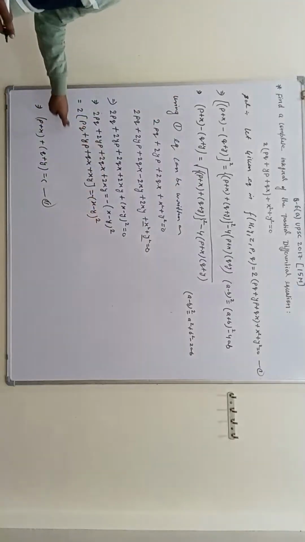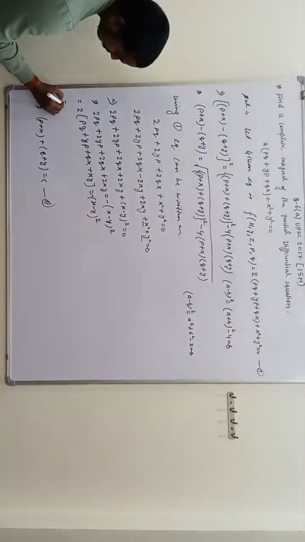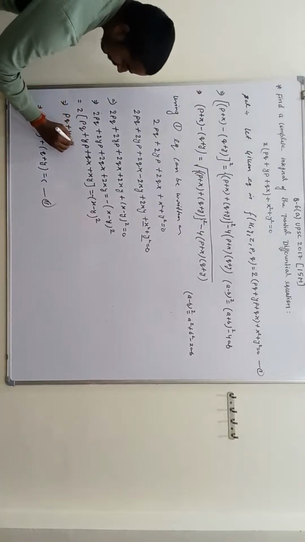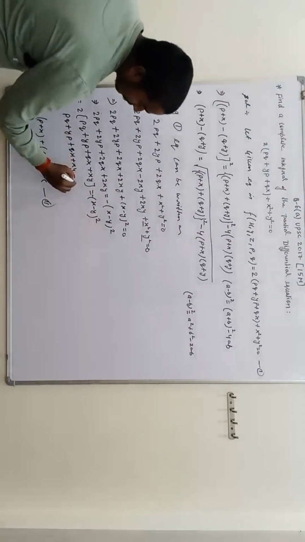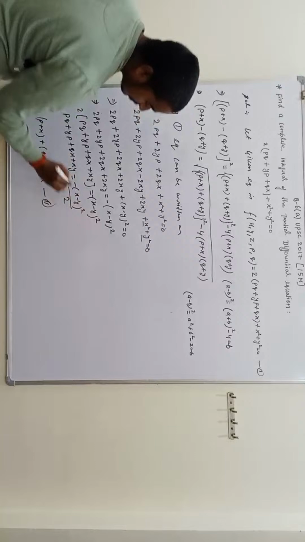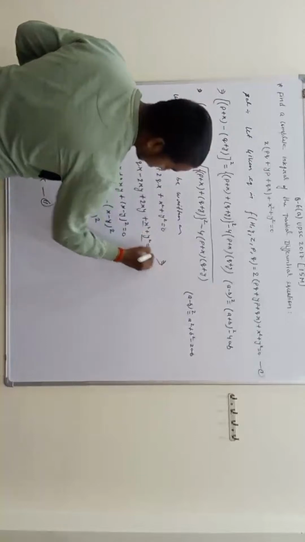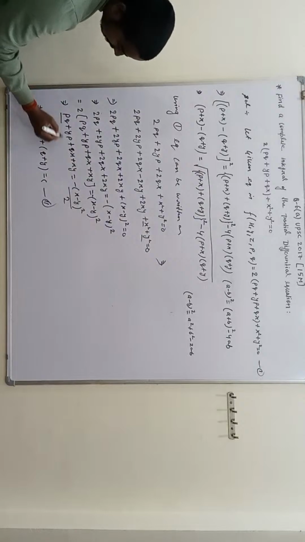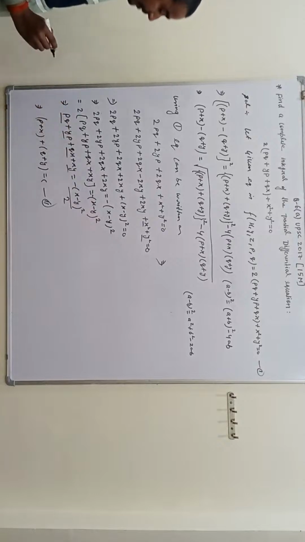Taking 2 into the denominator of minus (x minus y) whole square, we can also write pq plus yp plus qx plus xy is equal to minus of (x minus y) whole square upon 2. And from here we also solve by taking pq and qx in one bracket and yp and xy in one bracket.